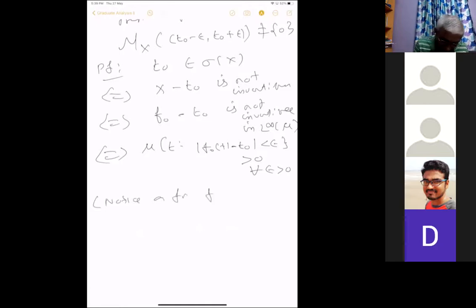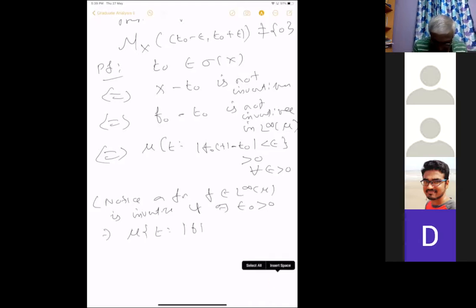Notice a function f in L infinity mu is invertible if there exists an epsilon naught greater than 0 such that mu of the set of t such that modulus of f greater than epsilon is equal to 1. This is almost everywhere it should be true.